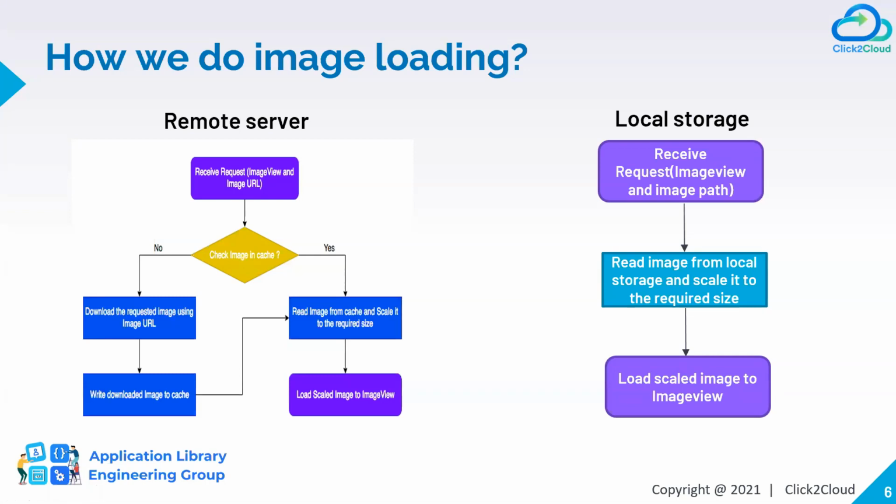But if the image is not present in cache, we first download that image from the image URL and put it into the image cache, and then read that image from cache, scale it to the required size and load it to the image view. And if we talk about local storage, whenever we receive a request to load an image from local storage, we read that image from local storage, scale it to the required size, and then load that image into the image view. So this is the basic flow of image loading.